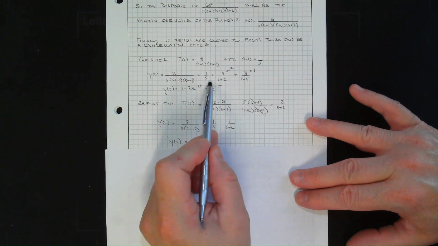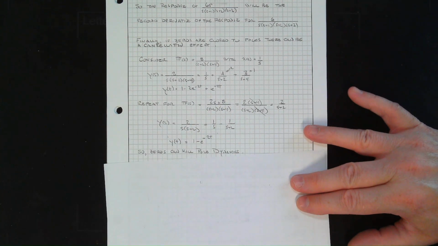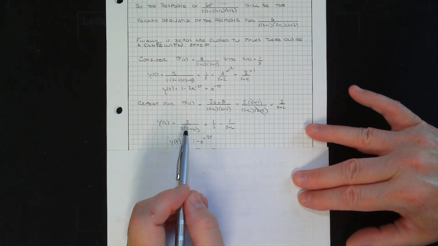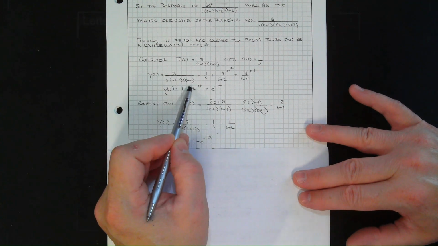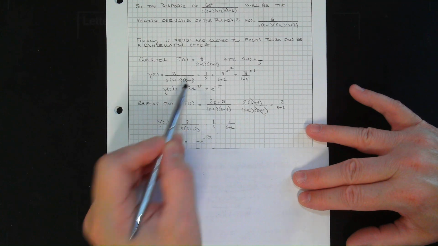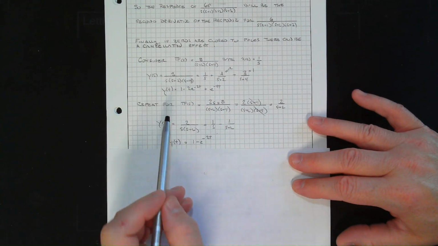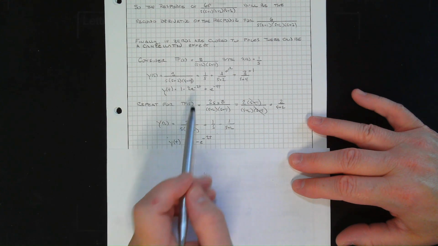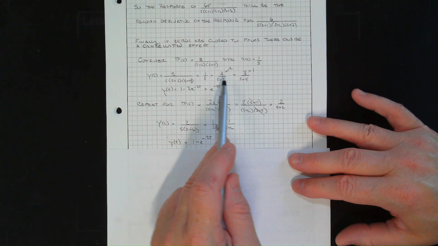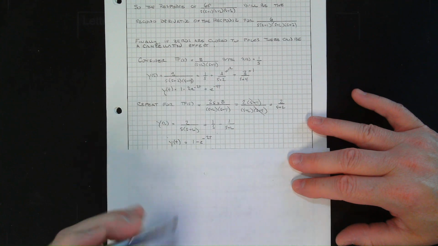And we see this piece is now gone. If you look here, we had 1 minus 2e^(-2t), so this has been cut. So we're seeing zeros affect the amplitude of the pole response, and they can kill poles.